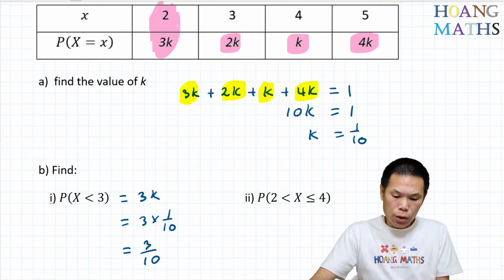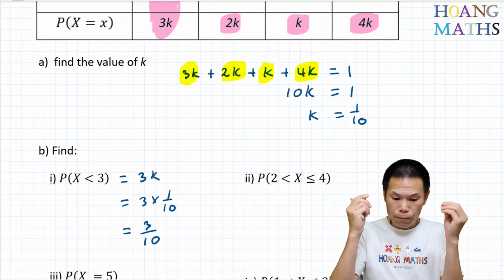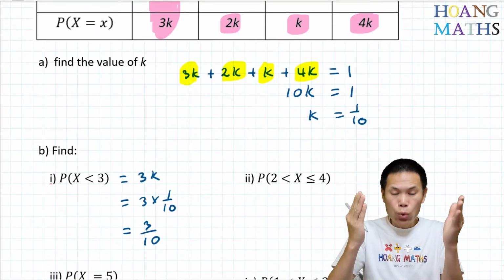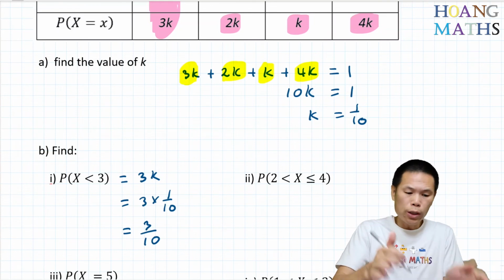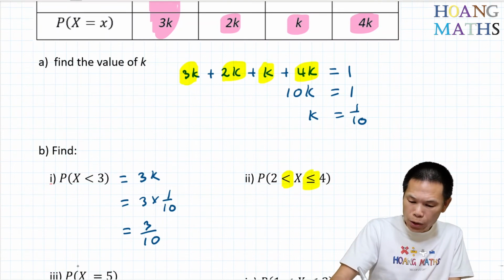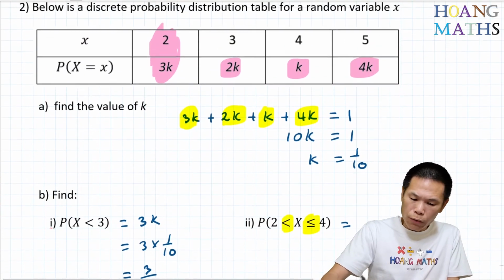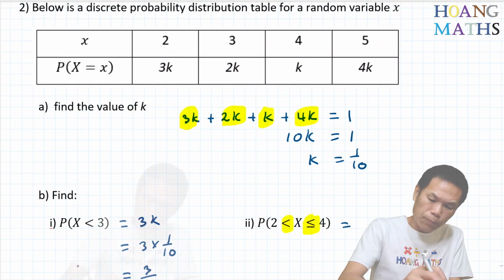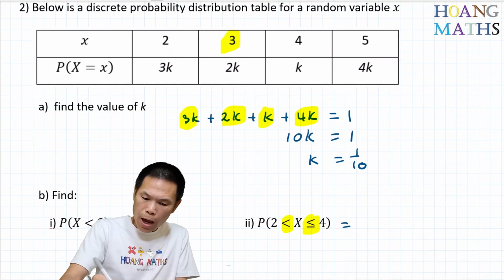Part 2. The probability of x between 2 and 4. But 2 is not included, okay? And 4 is included. So keep that in mind. In other words, we just need to find the probability of 3 and 4.